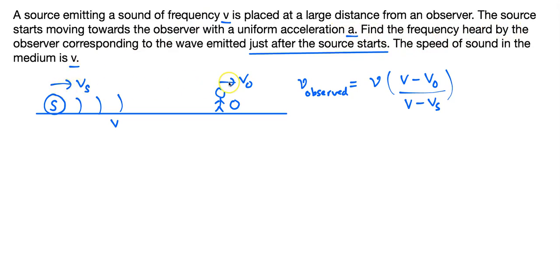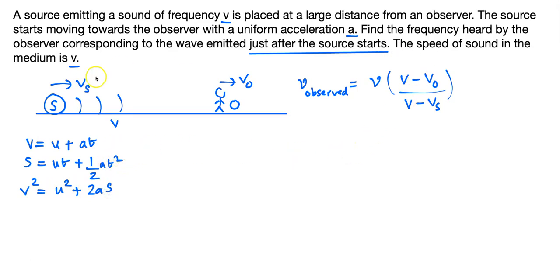Since the source moves with uniform acceleration, we can apply the three standard equations of motion to it: v equals u plus at, s equals ut plus half at squared, and v squared equals u squared plus 2as. All three are valid for the source because it moves with uniform acceleration.